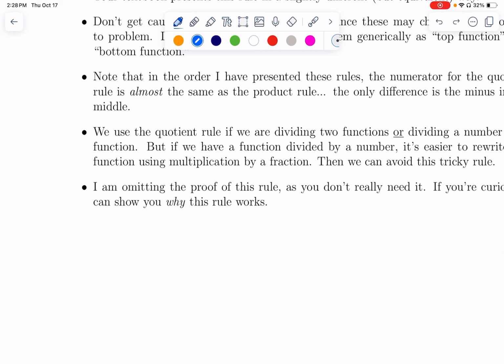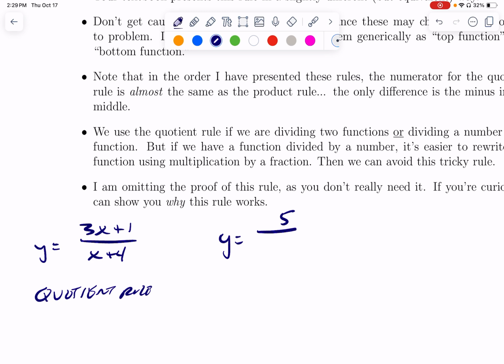Again, quotient rule is used for dividing two functions. So if I have y equals 3x plus 1 over x plus 4, right, that's a function divided by a function. I want to use quotient rule. If I have y equals a number divided by a function, I also want to use quotient rule.